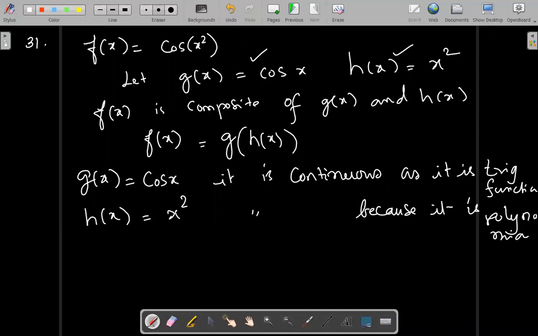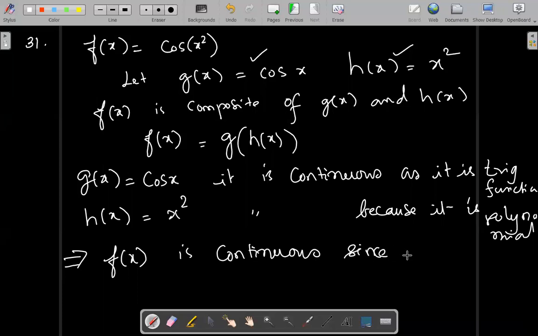So f of x is continuous. That implies that f of x is continuous since it is a composite of g of x and h of x. That's it. So that's the proof for this. Prove that or show that or whatever.